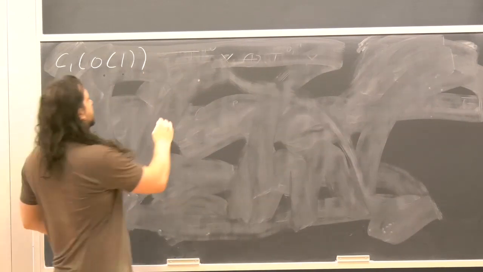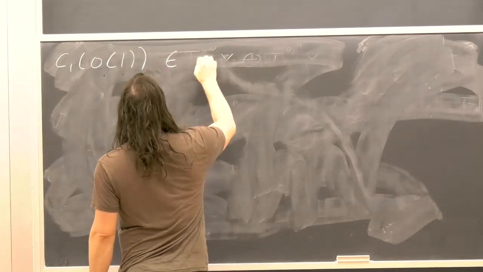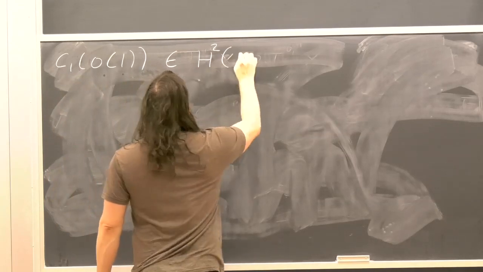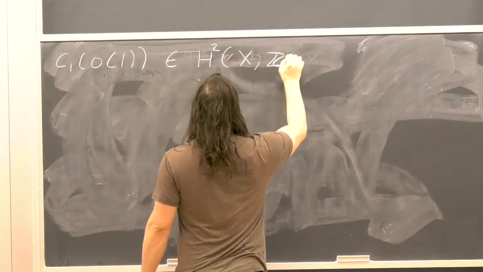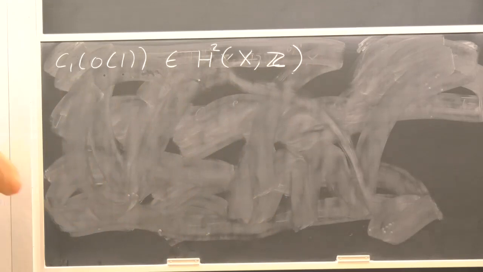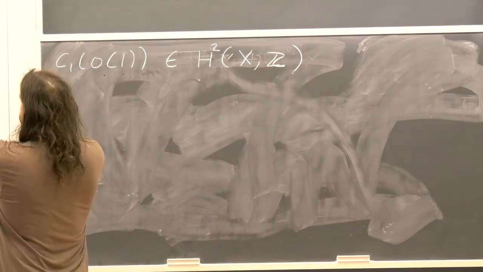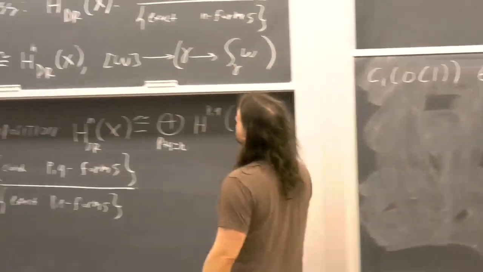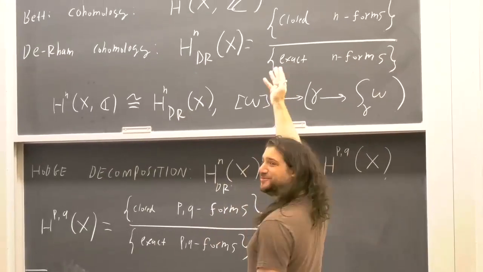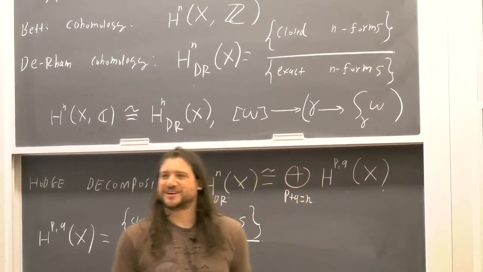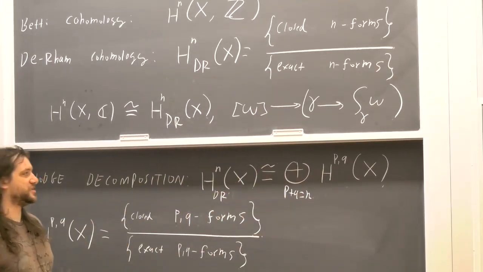And we're just going to care about its first Chern class. So this is just going to be some element in H^2 of X. And it turns out that for a smooth projective variety X, you shouldn't study the full cohomology, because the full cohomology does not admit a polarized Hodge structure.